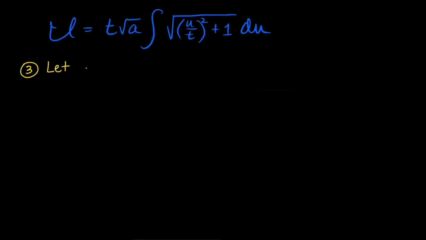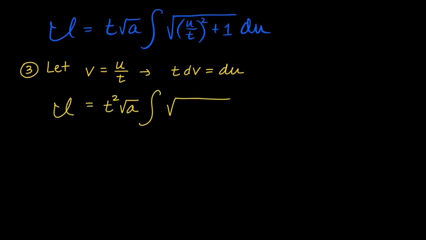Next, we're going to make another substitution. We're going to let v equal u over t, so that t dv is equal to du. And then we can rewrite the integral as t squared square root of a, the integral of square root of v squared plus 1 dv.